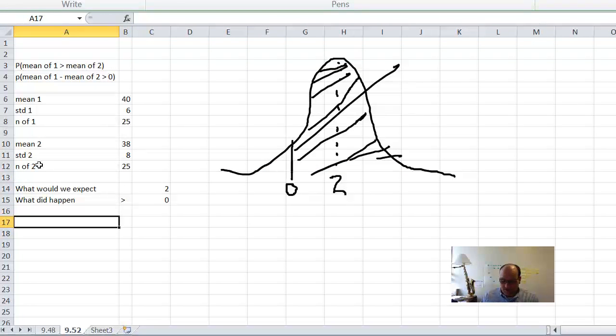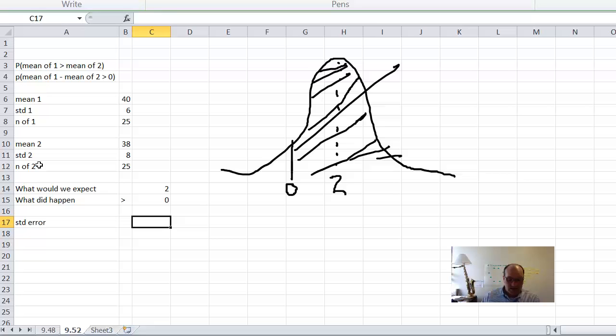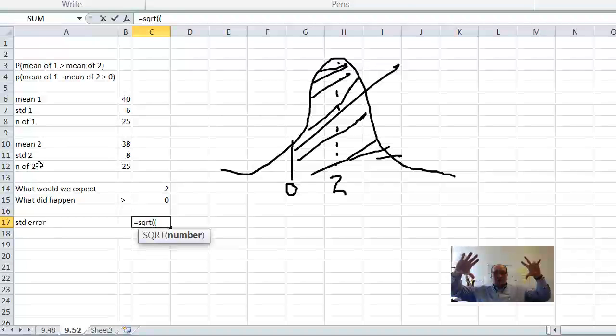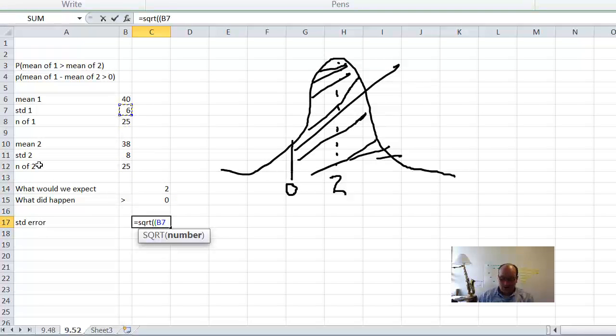Alright, so the final thing I have to do is the standard error. The standard error is kind of crazy for this stuff, but not too much. It equals a square root, and then I'm going to put a couple of parentheses, because I want a square root over the entire thing, but inside I have two little fractions. The equation is the standard deviation of 1 squared divided by n of 1, that's one fraction.